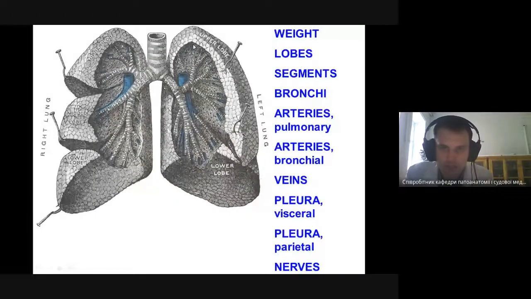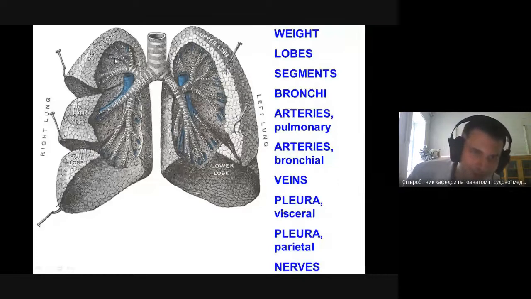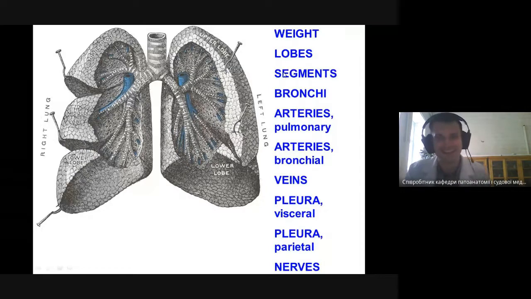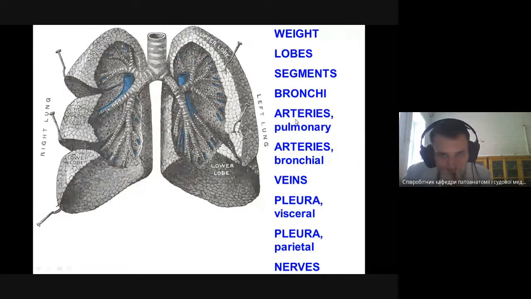So 1 kilogram in total, 2 lobes on the left side, 3 lobes on the right side, of course. Approximately 10 segments on the left and 10 segments on the right side. Bronchi, you have to know their main bronchi, then segmental bronchi, lobular bronchi, and so on.